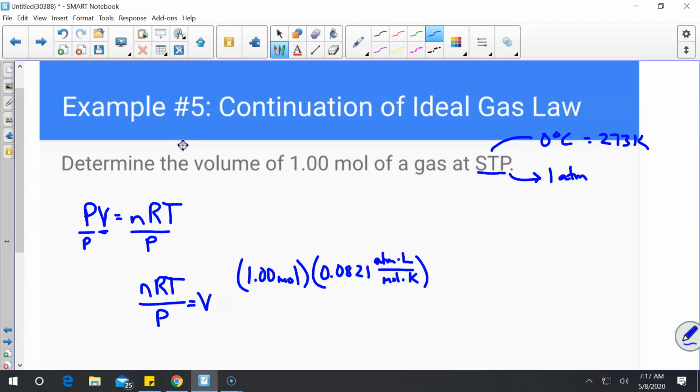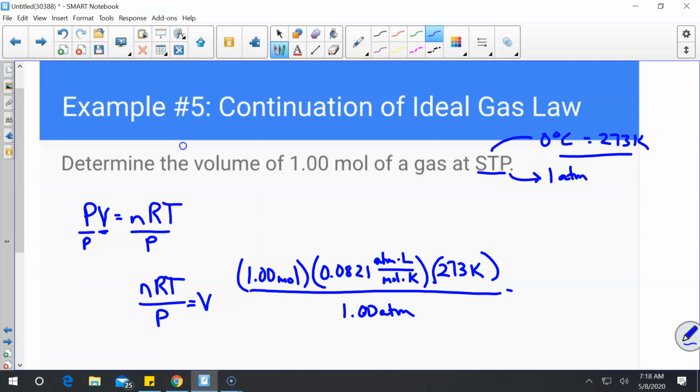And the temperature is my temperature here in Kelvin. And my pressure is 1 atmosphere. So, do my math on here. It looks like it comes out to be 22.4 liters.